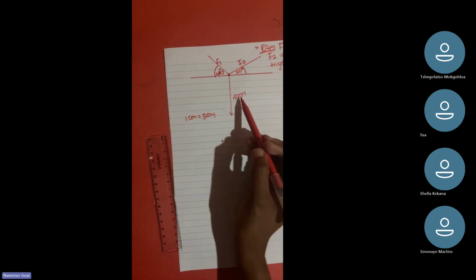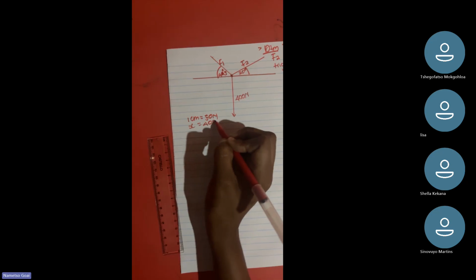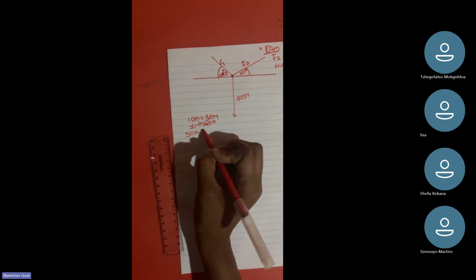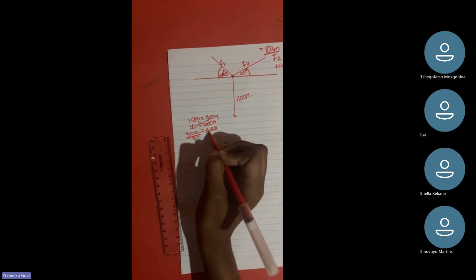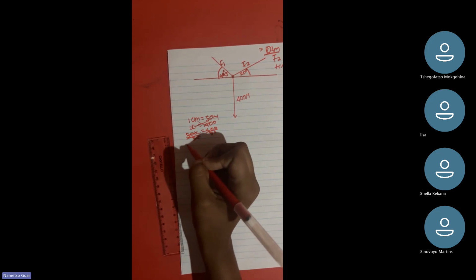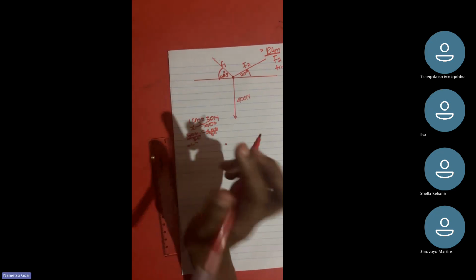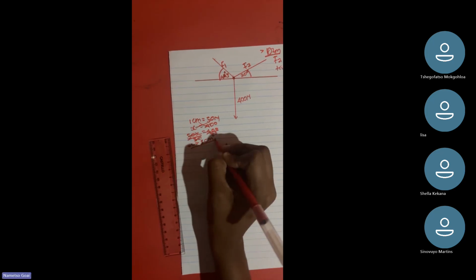We're trying to find what 400 Newton would be in centimeters. So x equals 400, cross multiply: 50x equals 400, then divide both sides by 50. Our x will be 8 centimeters. Right, guys? Do you guys agree with this?